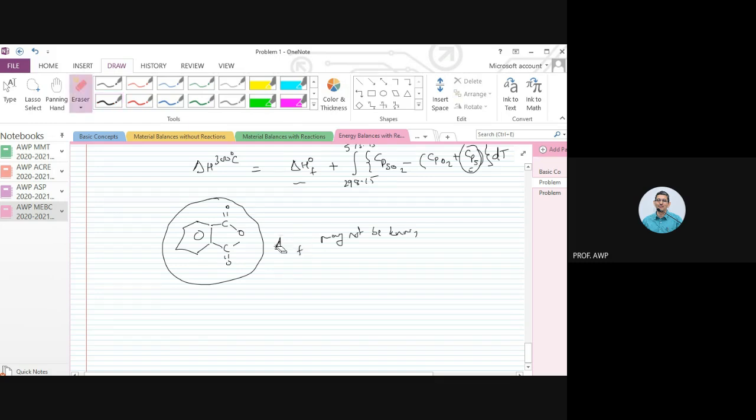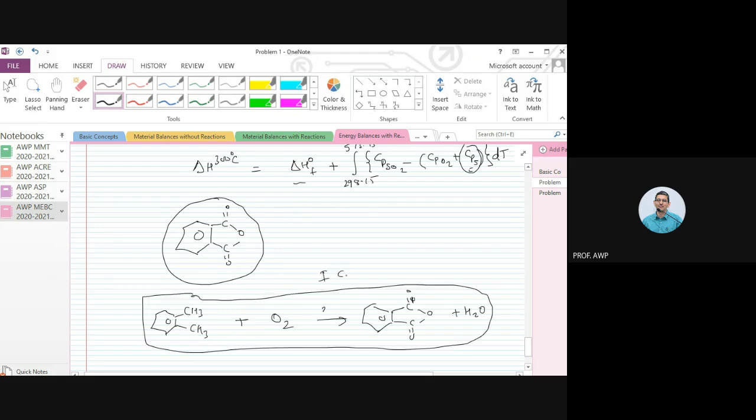But if this reaction is there, let's say orthoxylene, oxygen giving you phthalic anhydride, plus water, this reaction I can measure delta H0 for the reaction. 0 means at 25 degrees centigrade.